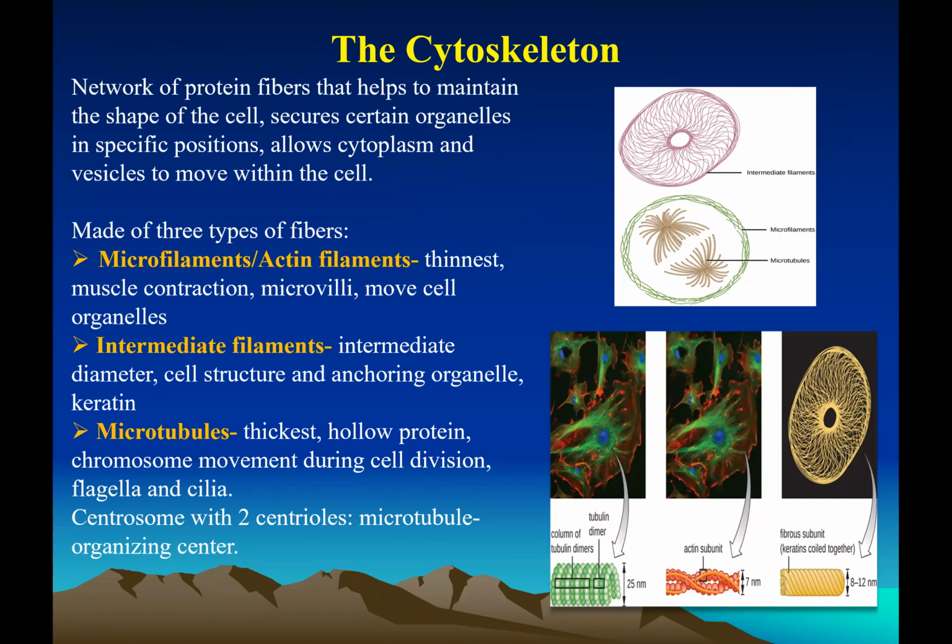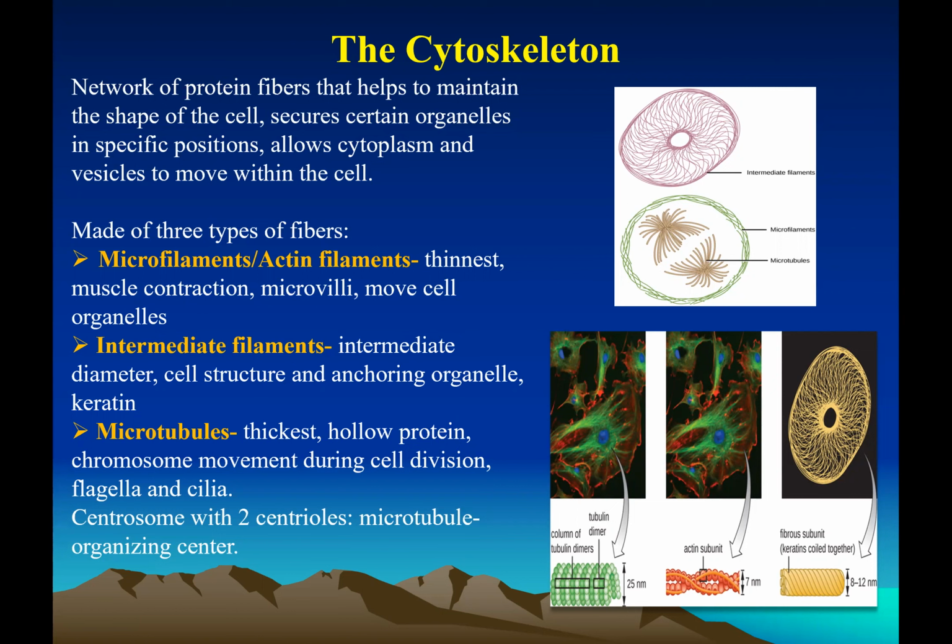So what gives structure to the cell? There are these proteins that form all the framework of the cell. They are called cytoskeleton. There are 3 types of cytoskeleton, and they are divided depending on their size.